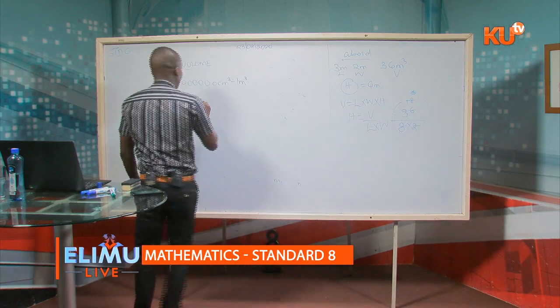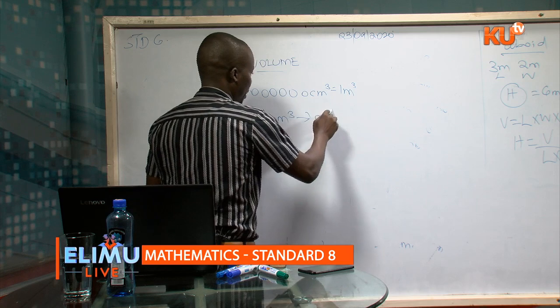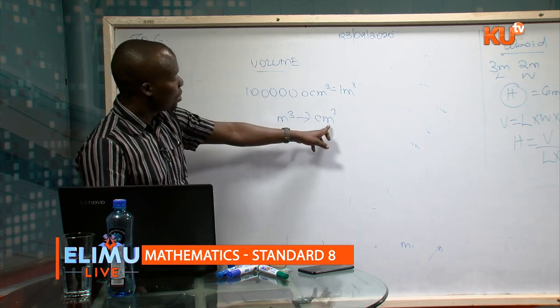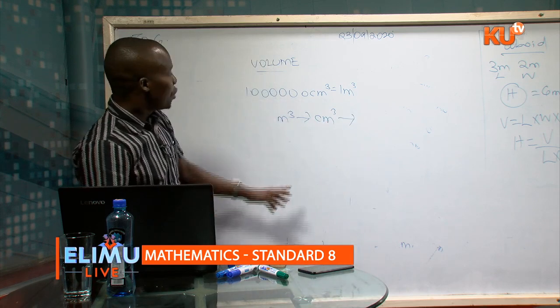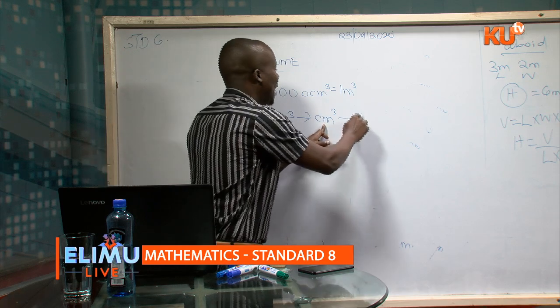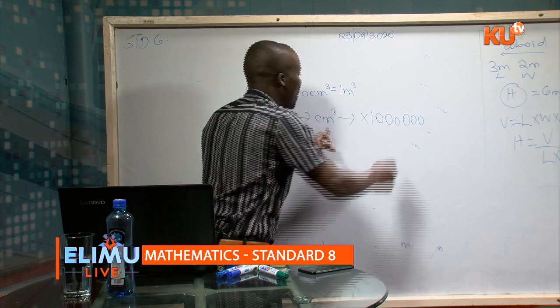Then, from there, after converting, you can use this one to convert others, right? From meters to cubic meters. Now, from here, you want to convert from meters cubic to centimeters cubic. What happens here? From meters cubic to centimeters cubic, we will now multiply by 1 million.